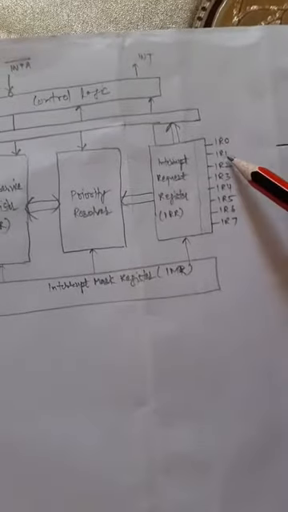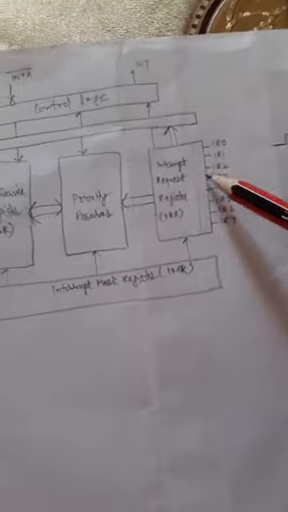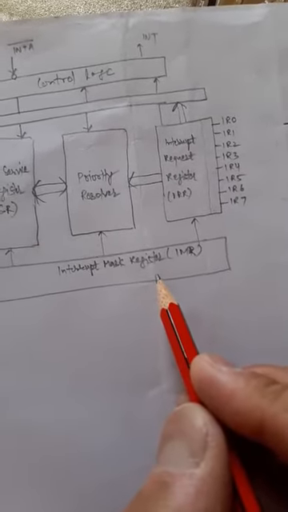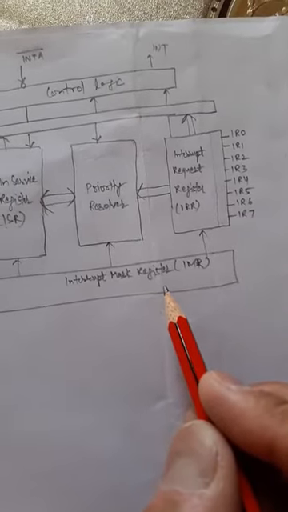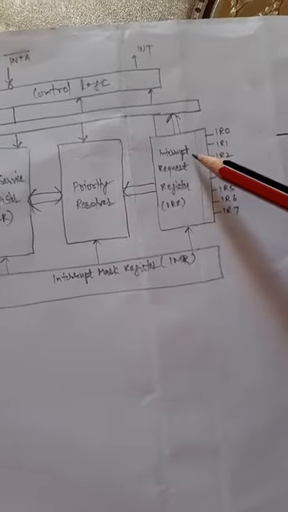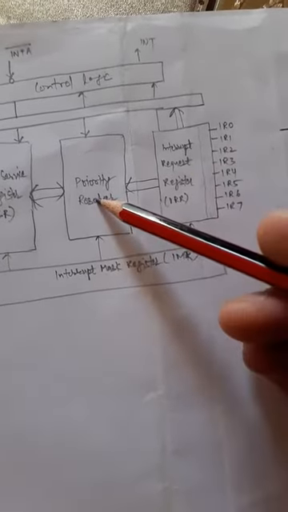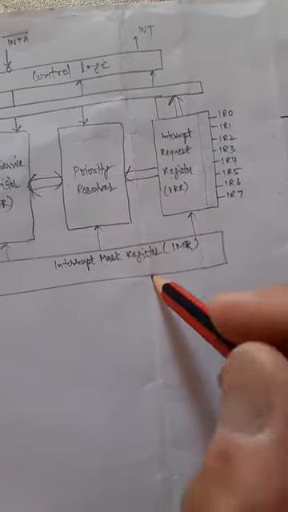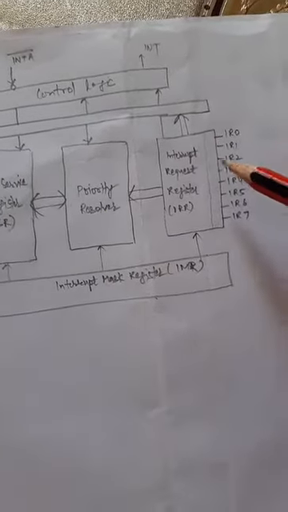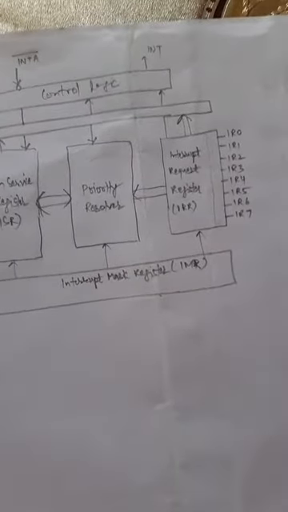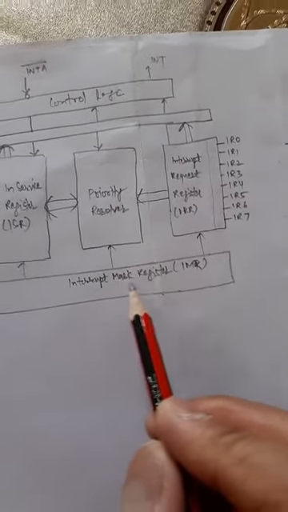Suppose IR1 has interrupted from the device, but the MPU is not interested in servicing IR1, so it will put a masking bit. After receiving the interrupt from the device, the priority resolver checks the status of mask and unmask. If IR1 has given the request but it is masked by the MPU, it will be discarded. It will not be pending, it will be discarded. This is the use of the interrupt mask register.